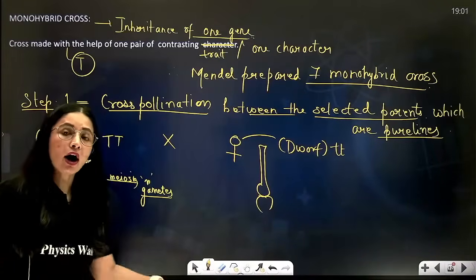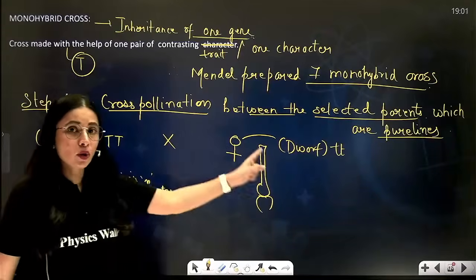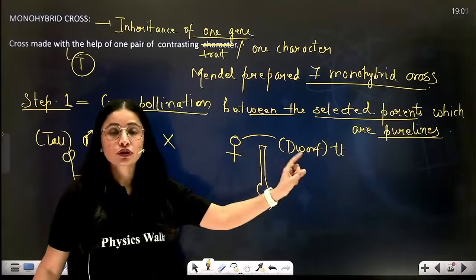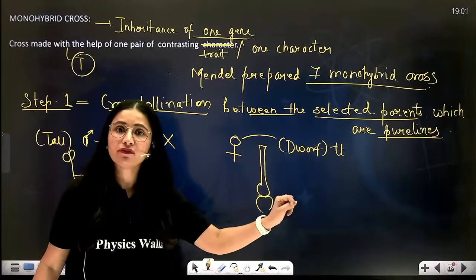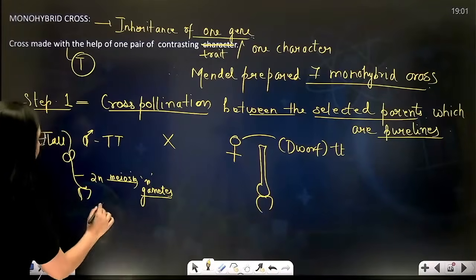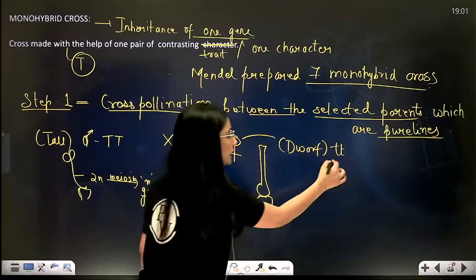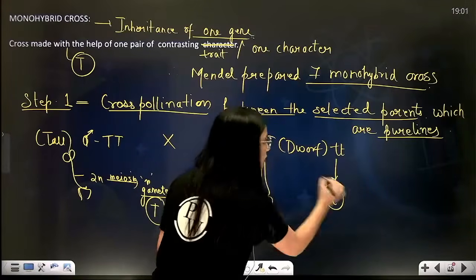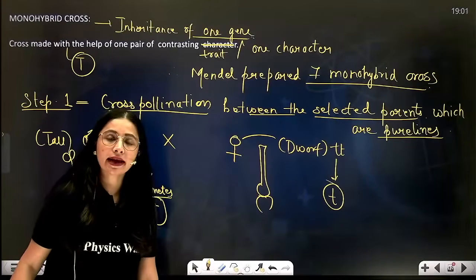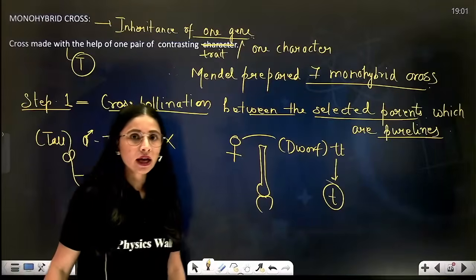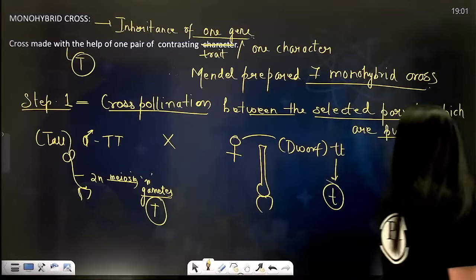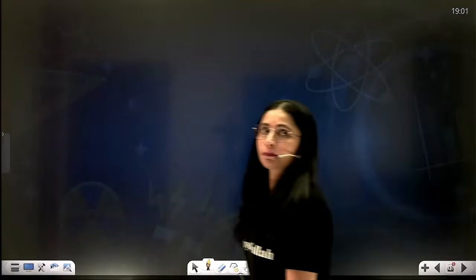Right? Now, how will the gametes be produced? Both are homozygous, so the number of gametes produced can only be 1. In this case, it is going to be the capital T gamete. Here, the gamete is going to be the recessive t allele gamete. Understood? Now, gametes for the F1 generation we have obtained.